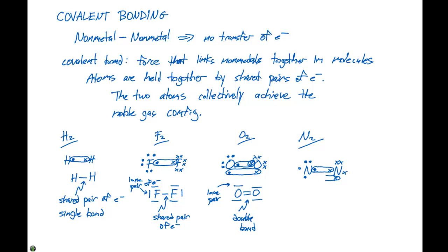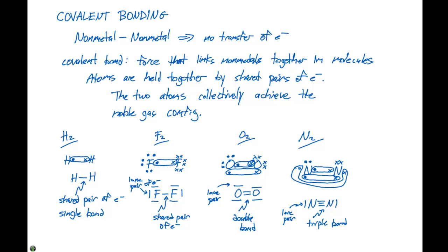If we form another covalent bond, we're going to have now a total of 7 valence electrons, which means we have to form one more covalent bond to give us our 8 electrons. So the nitrogen molecule is going to have a triple bond to achieve the octet. And we also still have our lone pairs of electrons outside here.